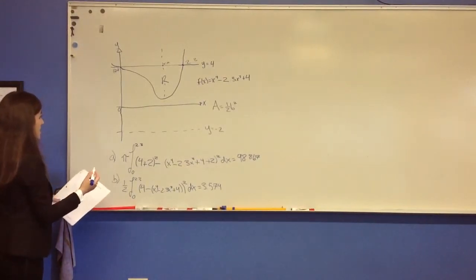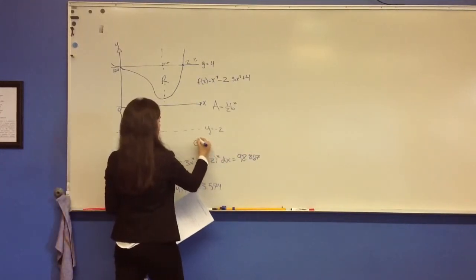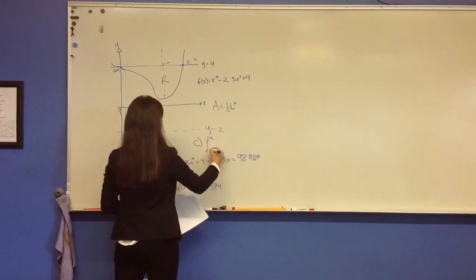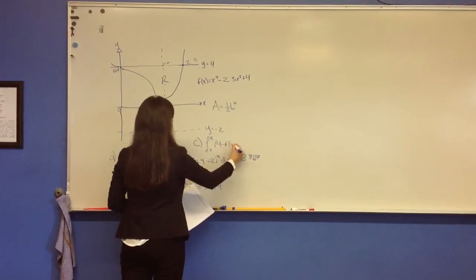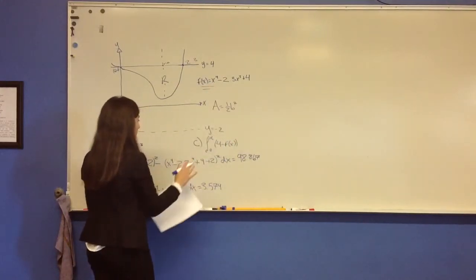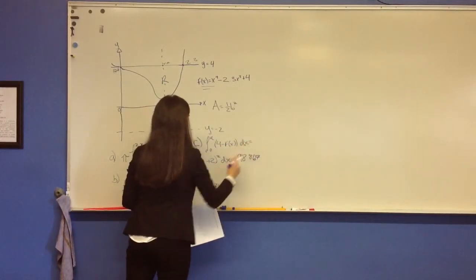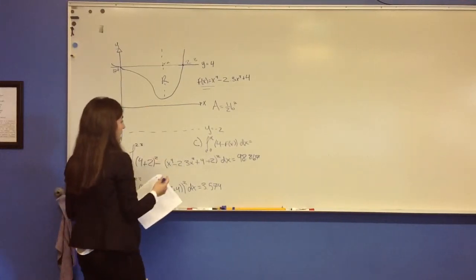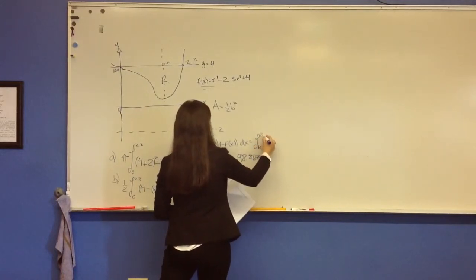So what you're going to do for C is, I guess I'll go over here. For C, you're going to write, we know that we have the integral from 0 to k, and this is just going to be 4 minus f of x again. F of x is this. So we know we have that so far. Now we just need to figure out what we can make this equal to that would show that x is equal to k. And the only way we can do that is by making the integral from k to 2.3.